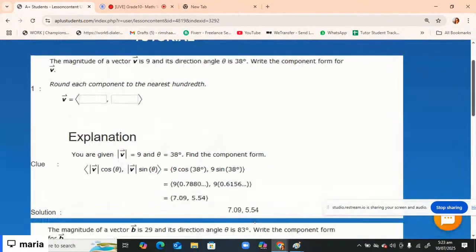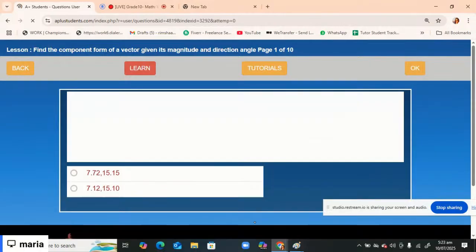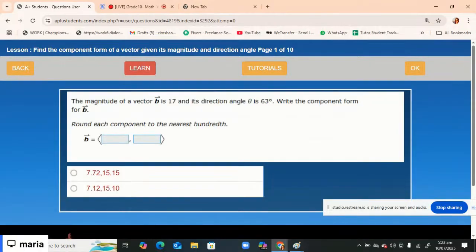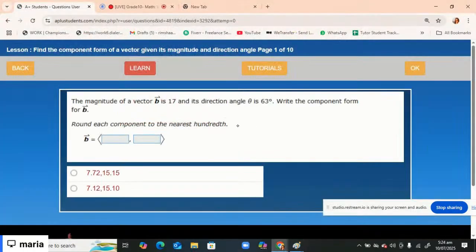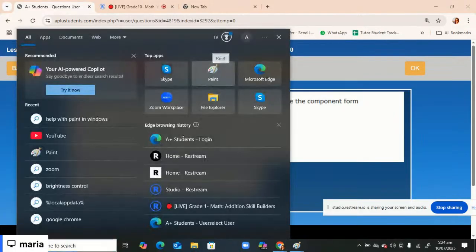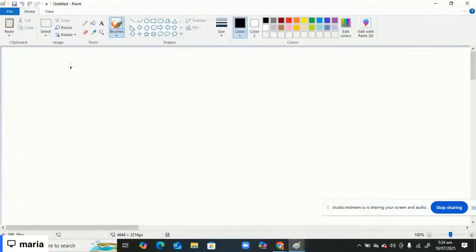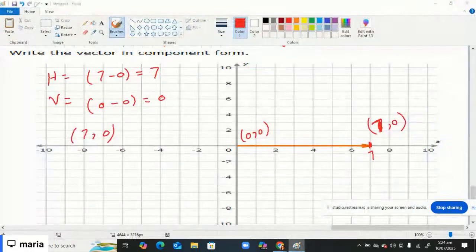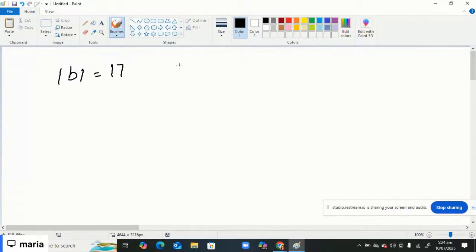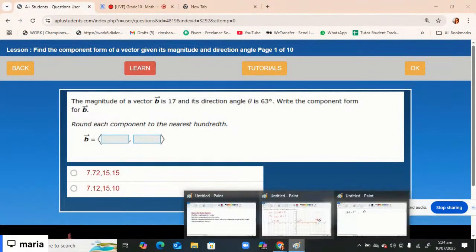Okay, now let's discuss one or two test questions. So the magnitude of vector B is given, that is 17, and the angle in degrees is 63 degrees.